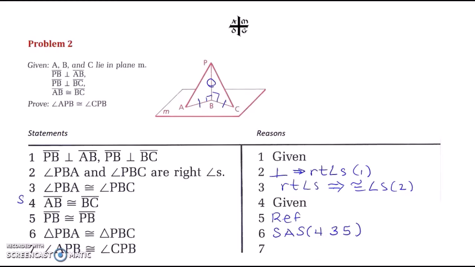And again, for organizational purposes, we probably would have wanted to move line 4 to line 1, and then shift lines 1, 2, and 3 down. That would have made it much more organized. And then we have congruent triangles. So corresponding parts of congruent triangles are congruent, and our triangles are in line 6.